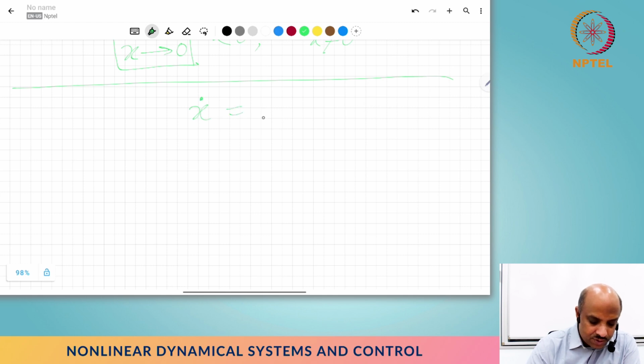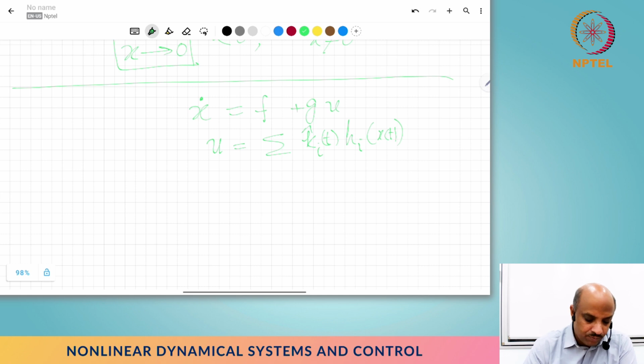So I have x dot equals f plus g times u, and I'm going to have u be the summation, i equals 1 to n or whatever, of k hat i of t times h i of x of t. h is known, ki is unknown, so we are estimating that with k hat i, and I'm going to have a bunch of update laws for each of these i's, the ki's.